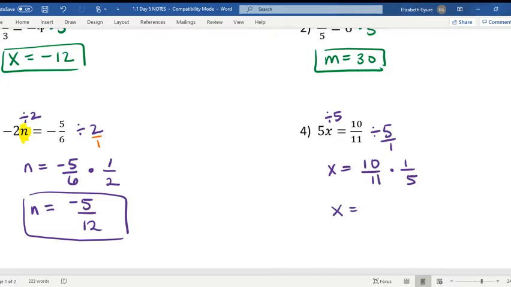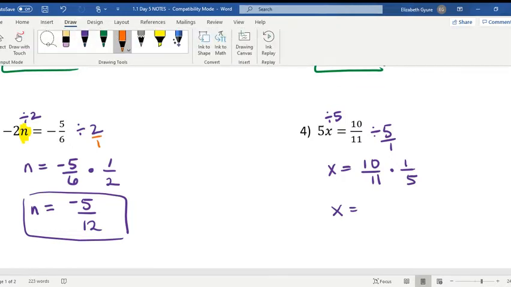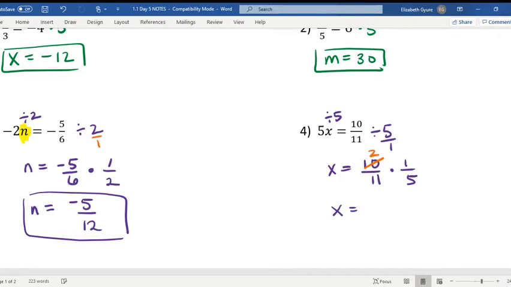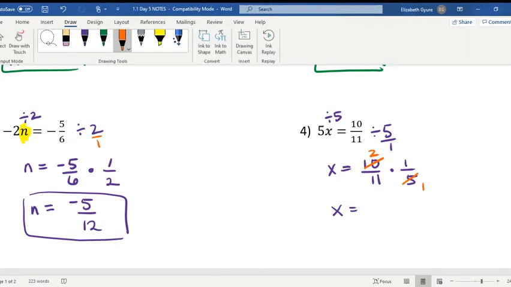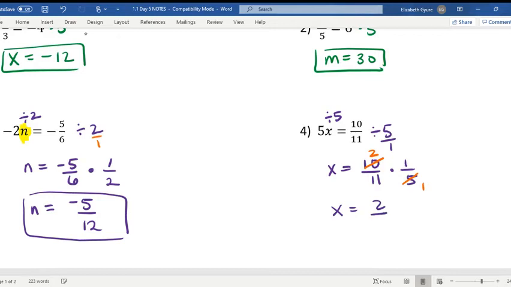Not 2, 5. You're thinking 10 divided by 5 is 2. That's what you were thinking. But they both are divisible by 5. So if I divide 10 by 5, it becomes 2, which is what you were thinking of. And 5 divided by 5 is 1. And then you can multiply across. 2 times 1 is 2. 11 times 1 is 11.